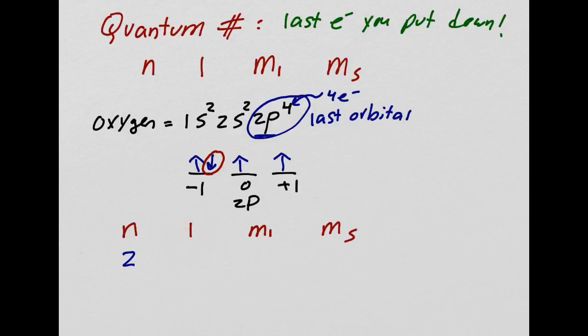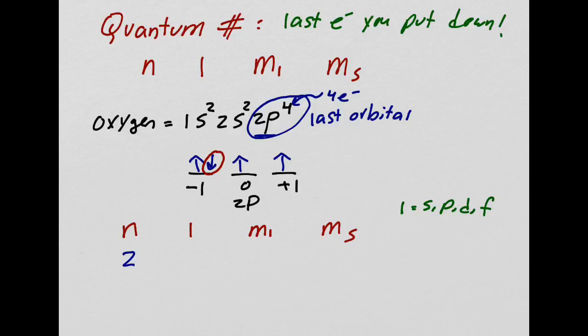And if you remember what L is, L means S, P, D, or F. Do you agree? So L means it was a shape, S, P, D, or F. But we have quantum numbers, so we have to apply a number to everything.